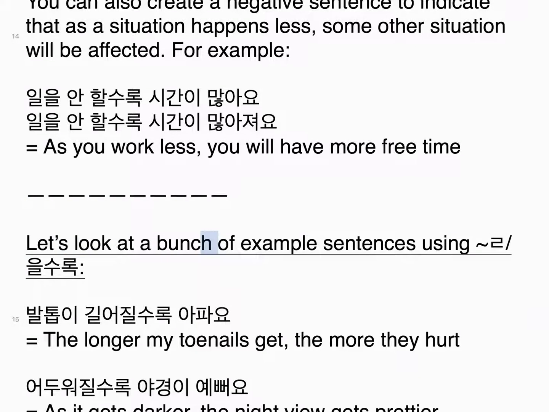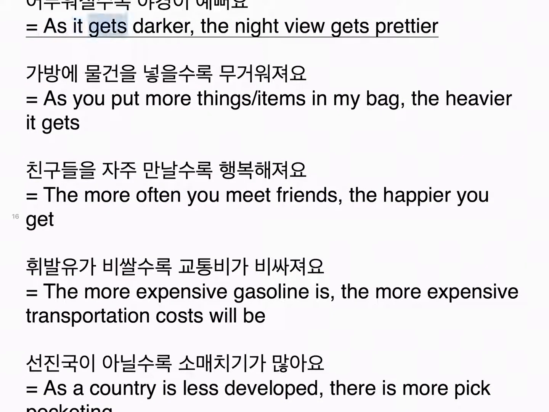Let's look at a bunch of example sentences using 을수록. 발톱이 길어질수록 아파요. The longer my toenails get, the more they hurt. 어두워질수록 야경이 예뻐요. As it gets darker, the night view gets prettier. 가방에 물건을 넣을수록 무거워져요. The more items you put in my bag, the heavier it gets. 친구들을 자주 만날수록 행복해져요.